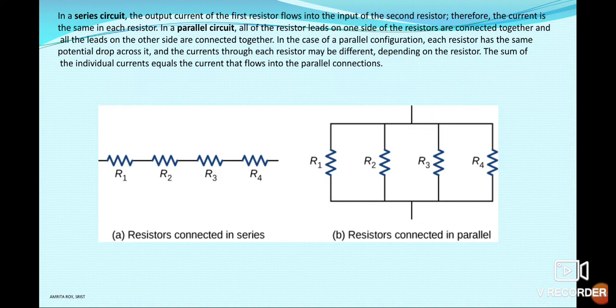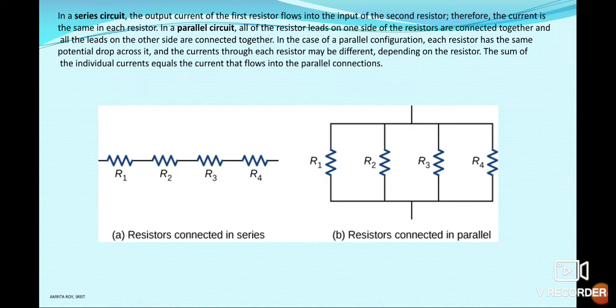In a parallel circuit, all of the resistor leads on one side of the resistor are connected together, and all the leads on the other side are connected together. In the case of a parallel configuration, each resistor has the same potential drop across it, and the currents through each resistor may be different depending on the resistor. The sum of the individual currents equals the current that flows into the parallel connections.